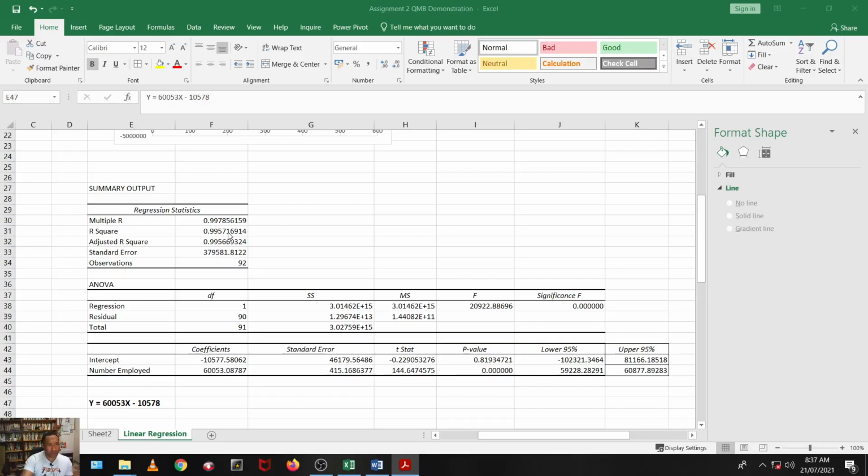Another way to put it is that 99.6% of the variation in profits generated can be explained by variation in the number of full-time staff employed. This also means that only 0.4% of the data observed cannot be explained by this regression model, and that's quite negligible.